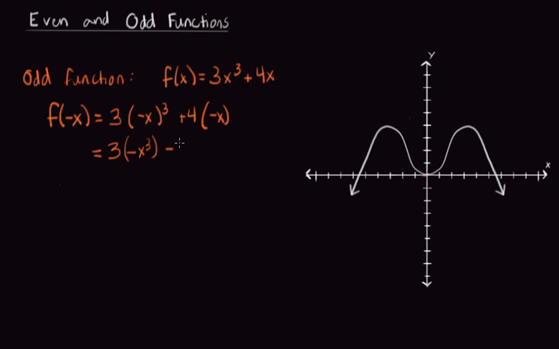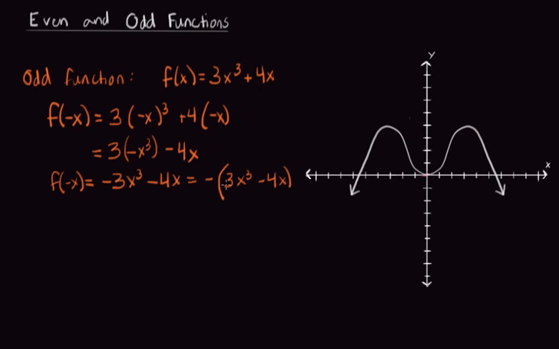And this is going to be minus 4x. So this is going to be negative 3x to the 3rd minus 4x. So f of negative x is equal to negative 3x to the 3rd minus 4x. And you can see that this is the same as multiplying the entire function through by a negative 1.